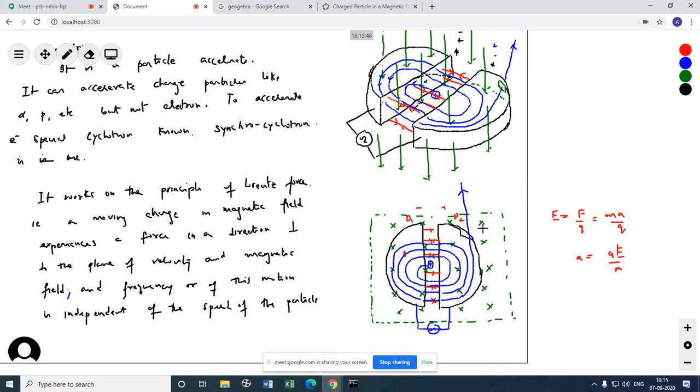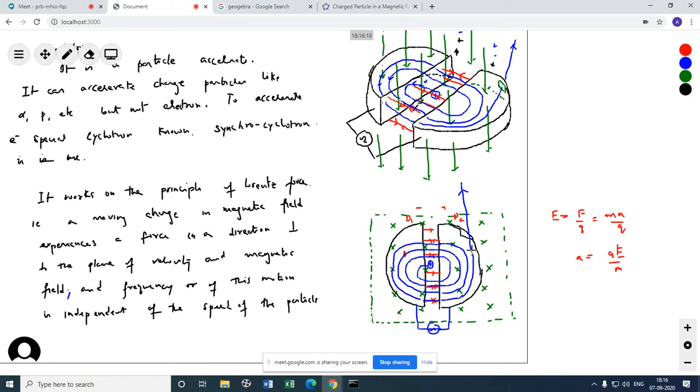Now you may ask one question here: what will happen, sir, if the electric field is not present within the gap? Will it still function? Yes, it will function, but then it will move only in one continuous circular path. It may happen that you have accelerated the charged particle and you don't want to collect it. You want it to stay there with that constant velocity.